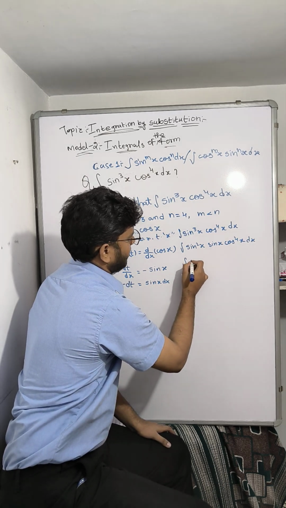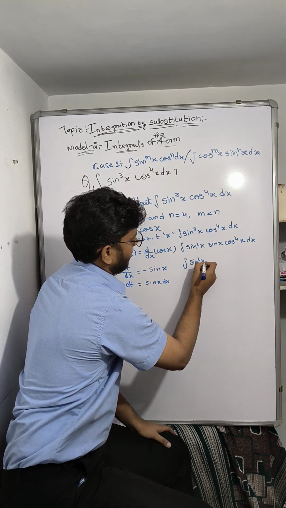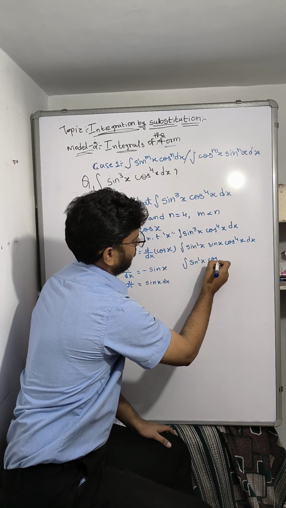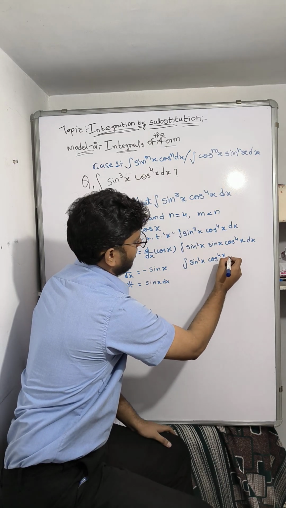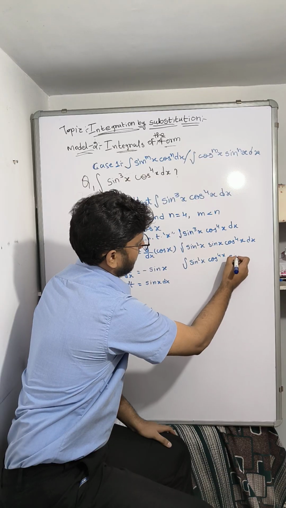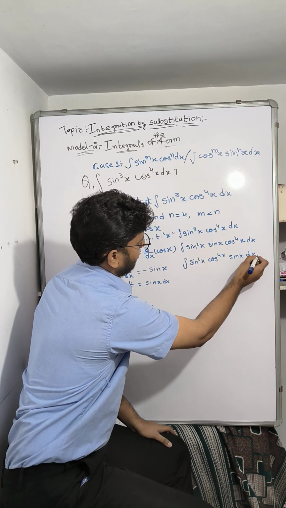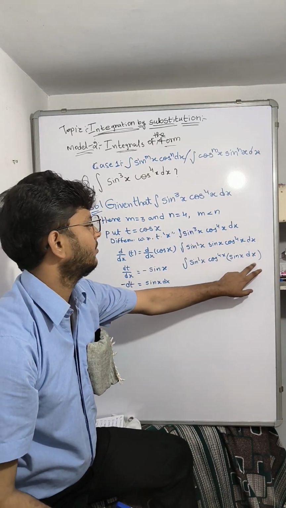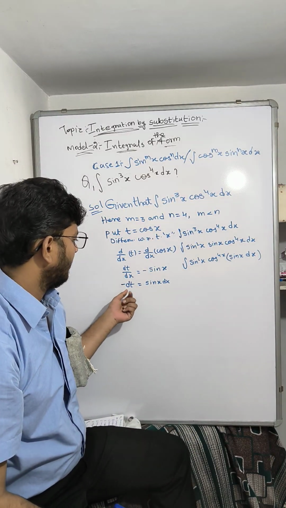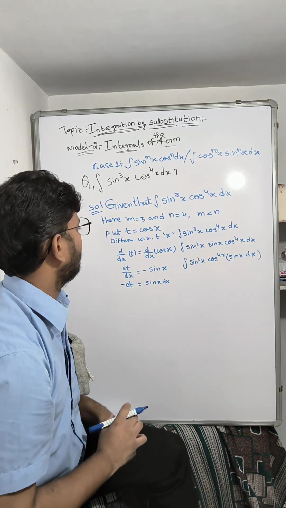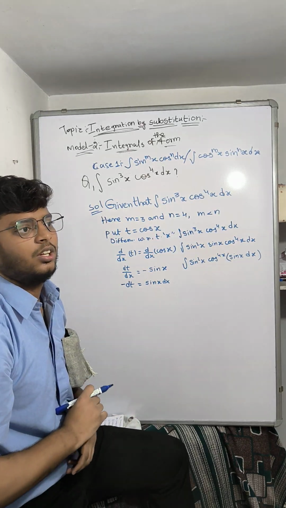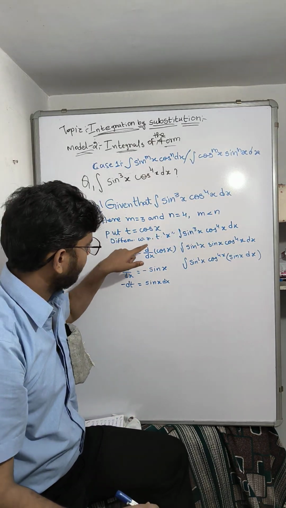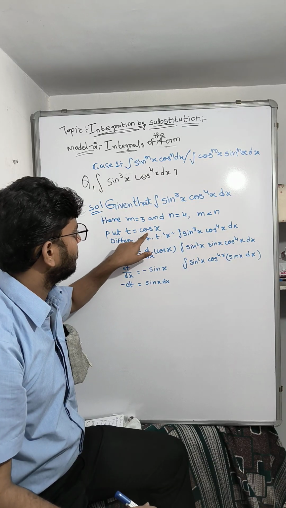Then we can arrange this as sin square x cos to the power of 4x and sin x dx. Then we can write this in terms of t. Why are we differentiating t is equal to cos x?